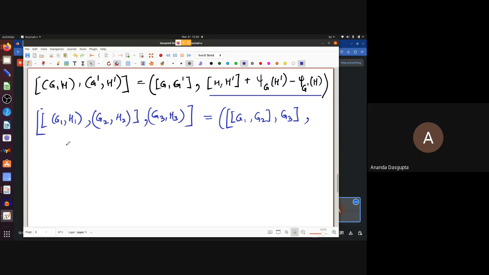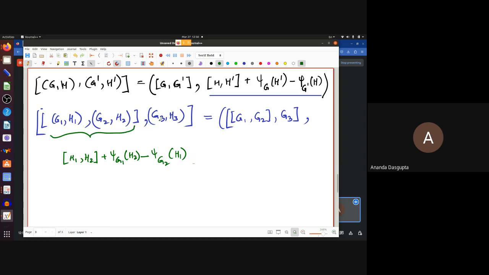So, okay, this is where we have to be a bit careful. So we already had h1 comma h2 plus psi g1 h2 minus psi g2 h1. This was the h from this bracket.